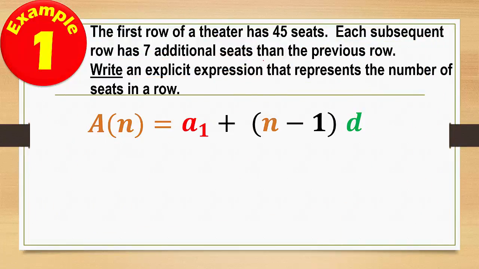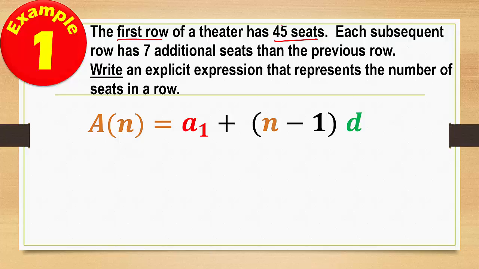Alright, so let's start with the first example. The first row of a theater has 45 seats. Each subsequent row has 7 additional seats than the previous row. We want to write an explicit expression that represents the number of seats in the row. So let's go through. This is going to stay the same. We're just going to leave it as is. The first term, we're told that the first row has 45 seats.